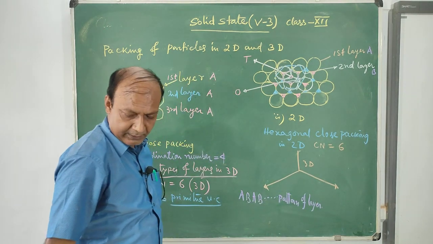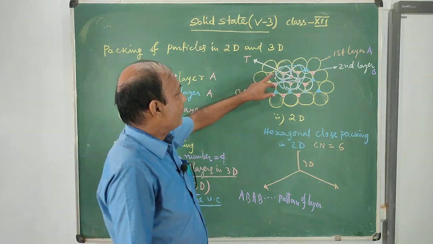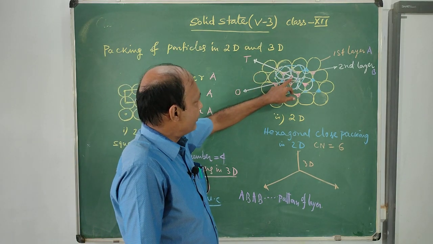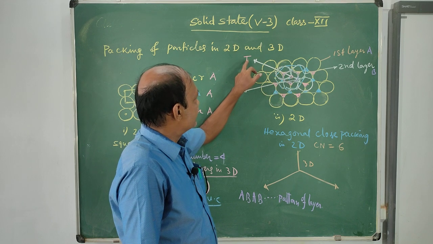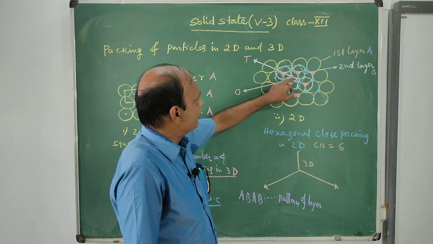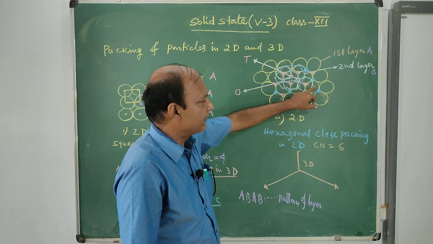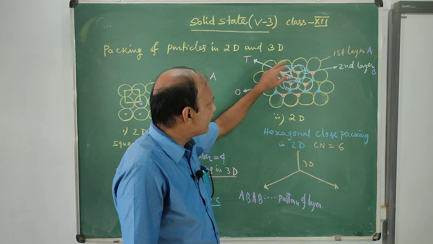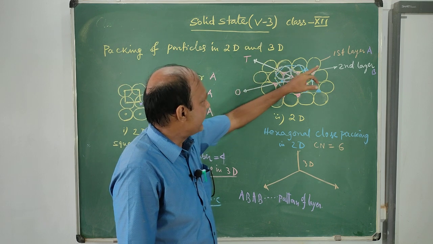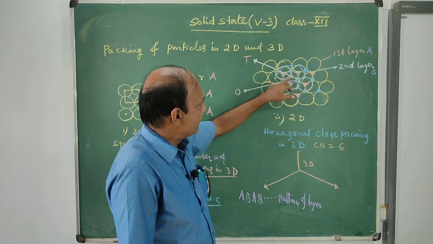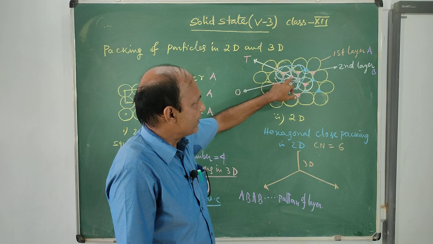Be it clear. So whenever you are constructing the third layer by putting the spheres above the depressions T, T will be formed here, T will be formed here, T will be formed here. So when you construct the third layer by putting spheres on T, layer A will be repeated because just below it there is the center of the first layer.